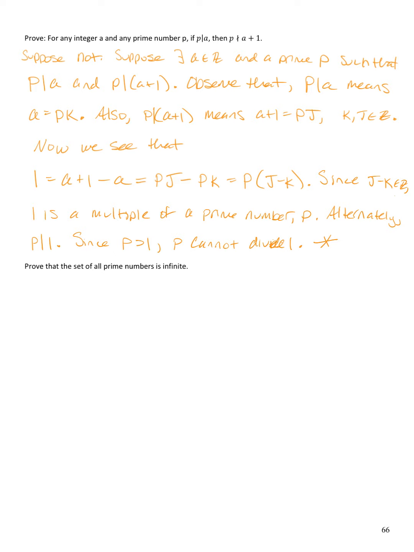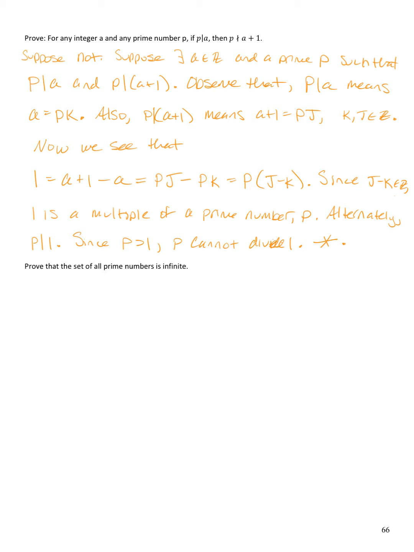Contradiction. Okay, so once we reach our contradiction, we've proved it. We've proved that for any integer a and any prime number p, it must be that if p divides a, then p does not divide a plus 1, the next consecutive integer.